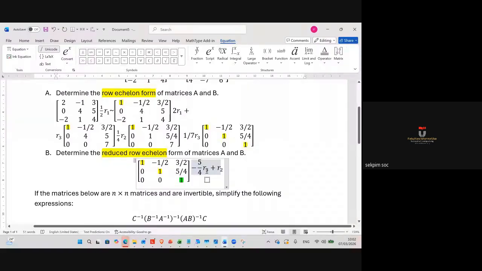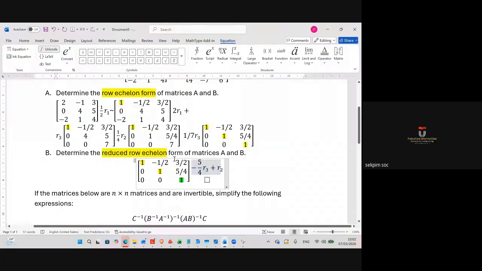So we multiply row 3, which has the pivot here, with minus 5/4, and then add to row 2. This is to make this element 0.